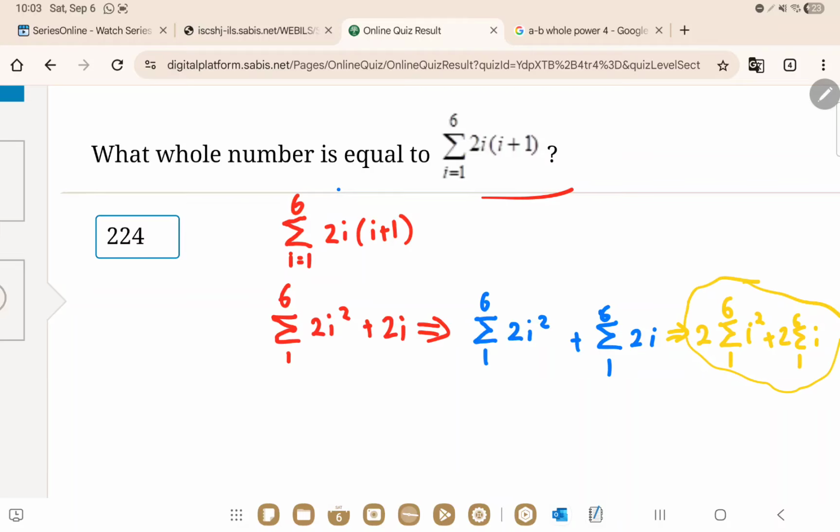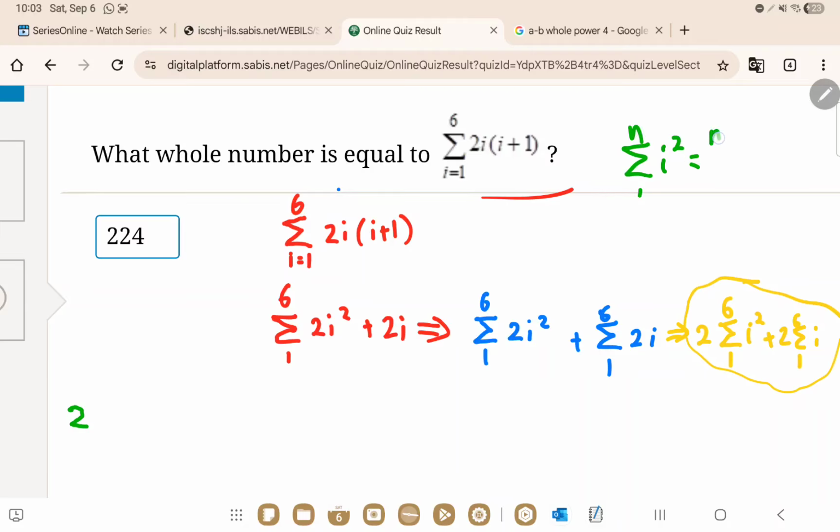Now we have 2 into, whenever you see sigma of anything, 6 in this case, of i squared, there's an equation. The equation is, we're going to write n here for the sake of the equation.